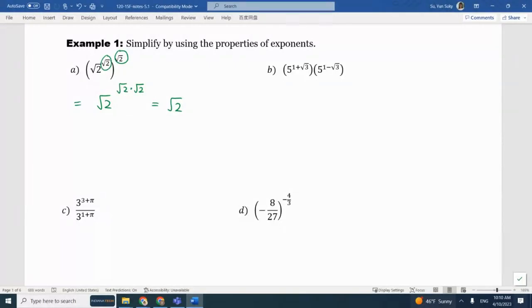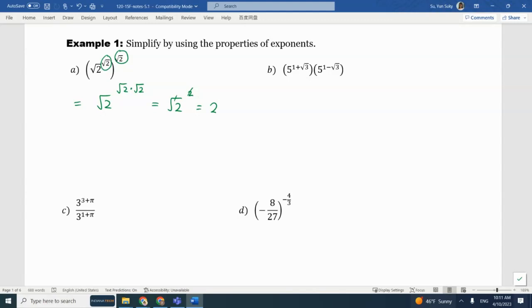Square root of 4, which is 2. And what is square root of 2 squared? Just 2. The square root and the square cancel. So we just get 2. We're using the exponents rule.